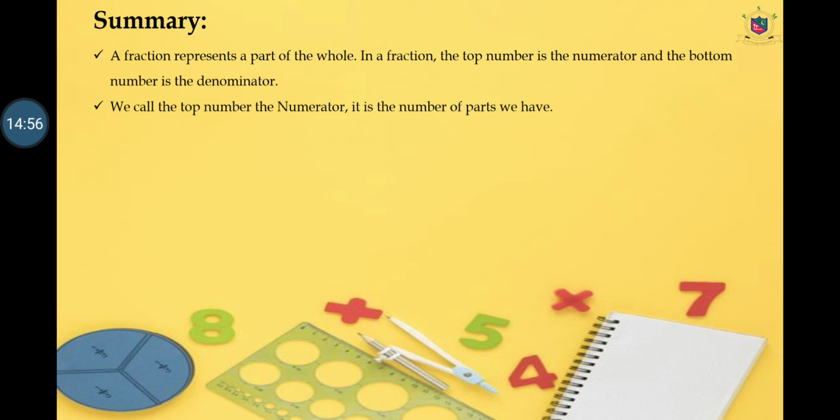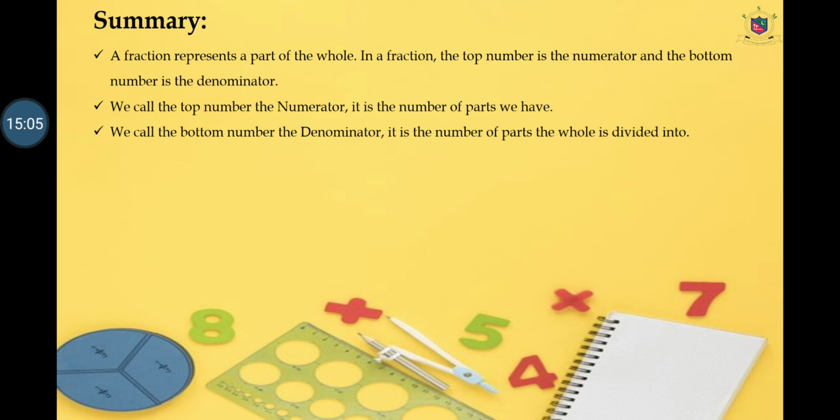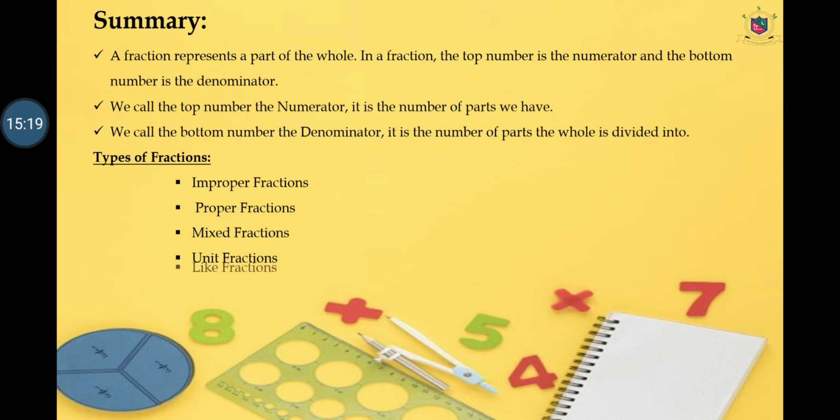The numerator tells us how many parts we have selected, and the denominator tells us how many total parts. We have studied different types of fractions like improper fractions, proper fractions, mixed fractions, unit fractions, like fractions, unlike fractions, and equivalent fractions. I hope you understood about it.